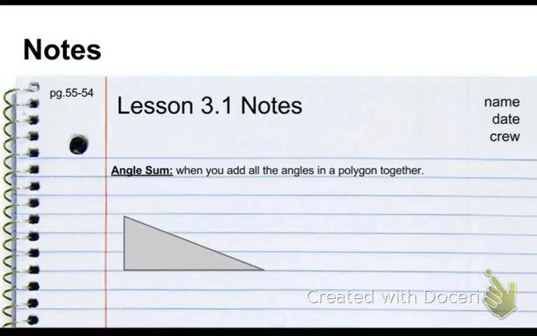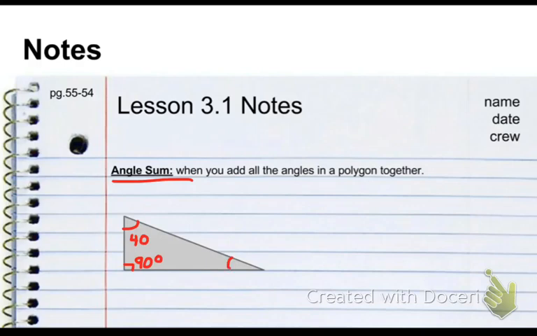What we need to put in our notes is angle sum. An angle sum is when you add all the angles in a polygon together. For instance, I have this triangle here, and I have an angle of 90 degrees here. Let's say this angle right here is 40 degrees.